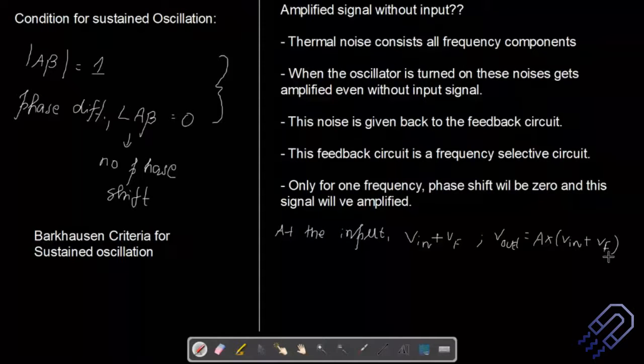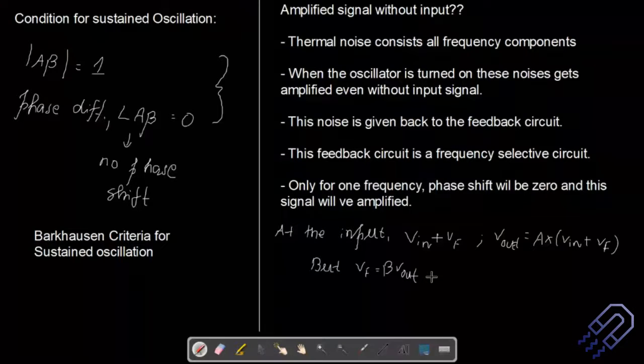I think I've already shown it to you in the diagram, but let me just repeat this again. Vf, the feedback voltage, is nothing but beta into V out. This is something you have already seen, a part of the feedback circuit.